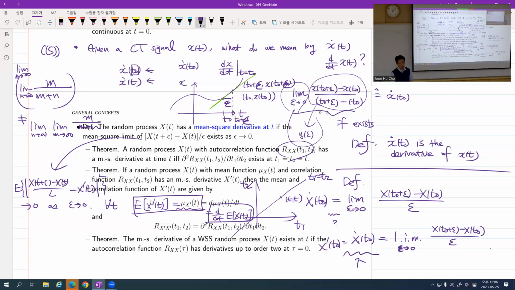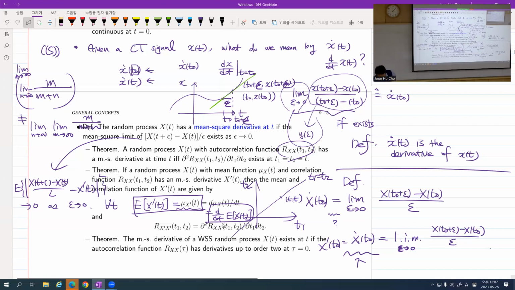So changing the order of two limiting operations. Expectation is also a limiting operation because it involves integration, and the derivative of course requires a limiting operation. And we have a good result.